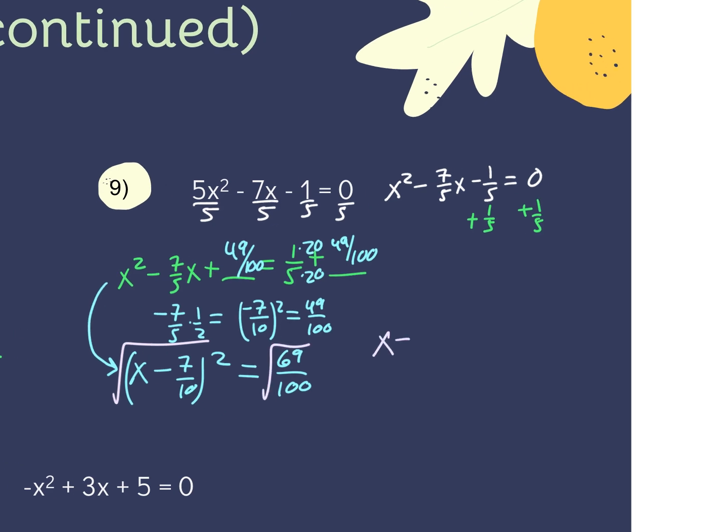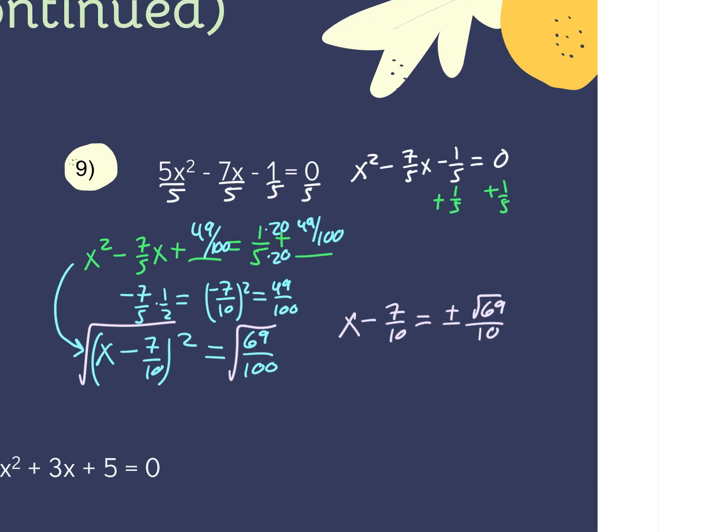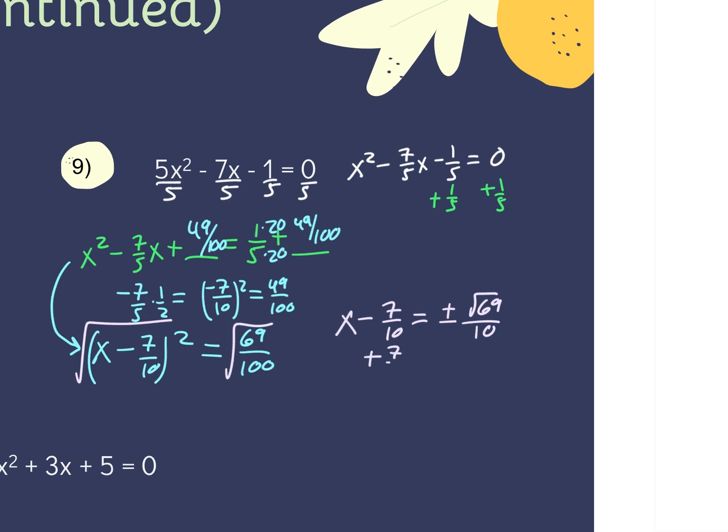And then I get x minus 7 over 10 equals plus minus the square root of 69 over 10, right? Square root of 100 is 10. Very last thing I have to do is add 7 over 10 to both sides. And then I get x equals 7 over 10 plus minus the square root of 69 over 10.